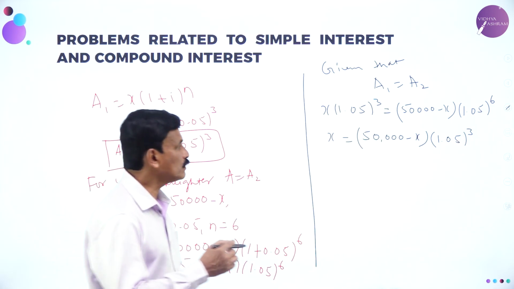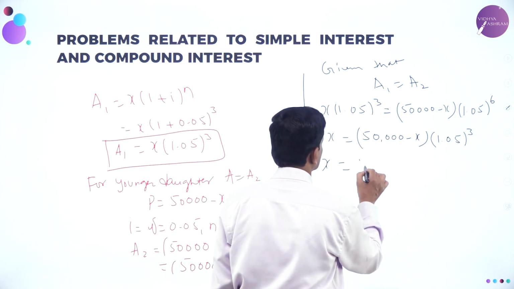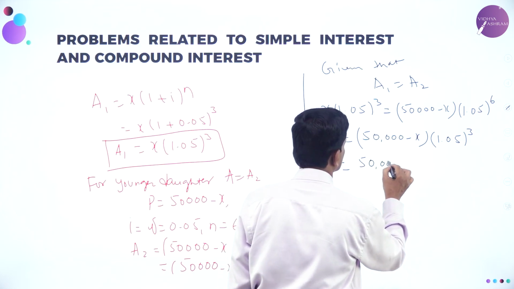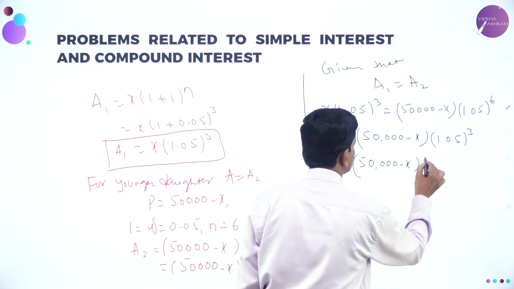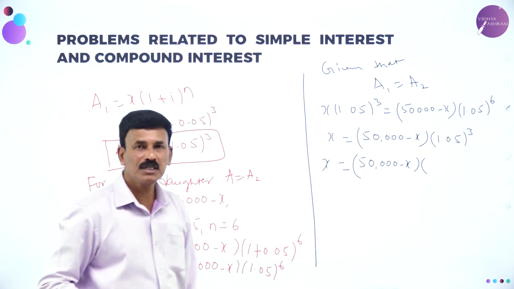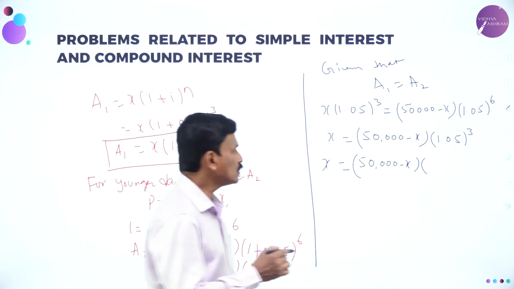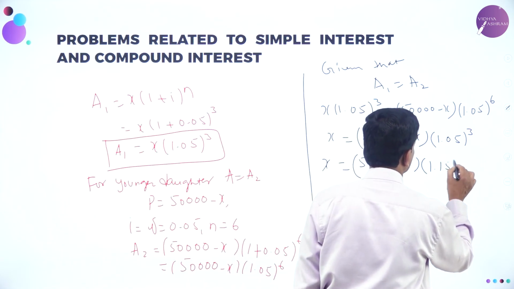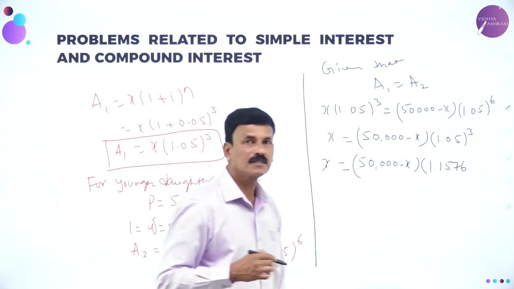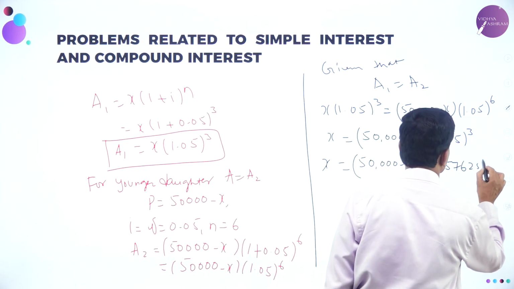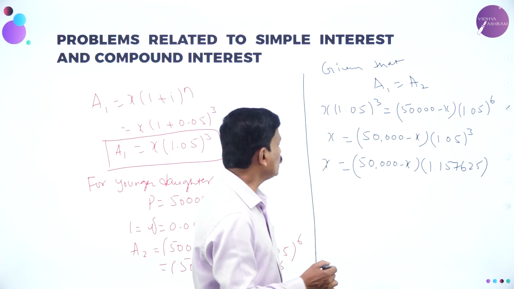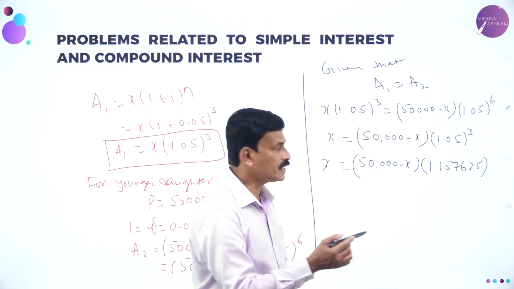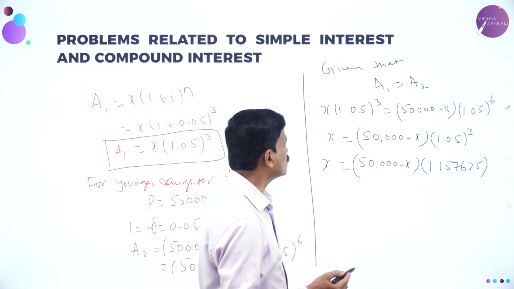Now multiply this. If you multiply 1.05 three times, you will get 1.157625.